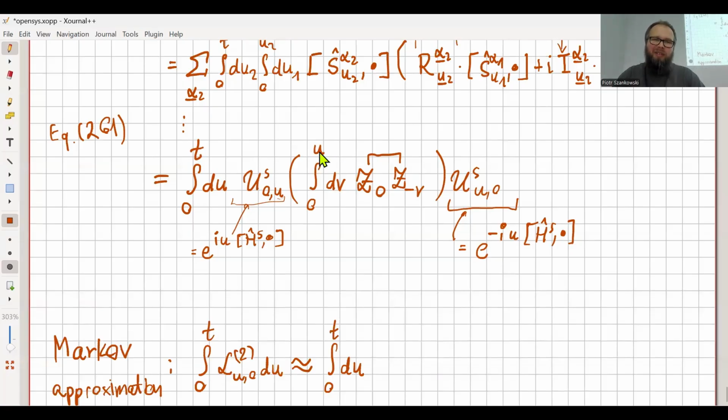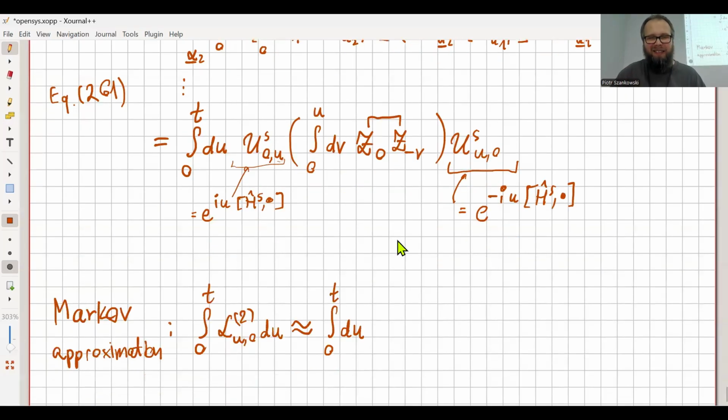But what it integrates, there is a cumulant underneath, and the cumulant has an effective range of the correlation time, right? So if this integral goes further than the correlation time, the cumulant disappears, and this gives you a natural cutoff for this upper limit of this integration, right?